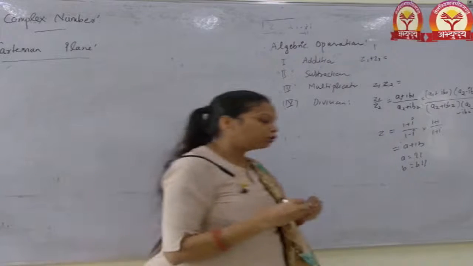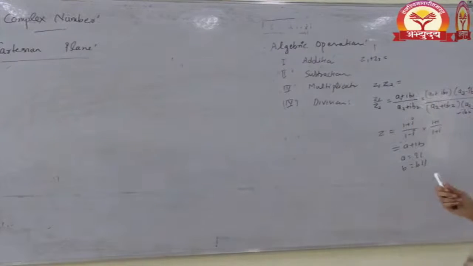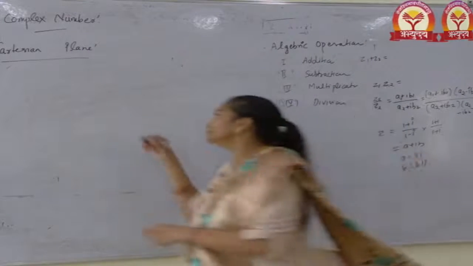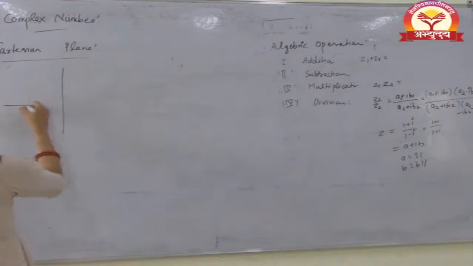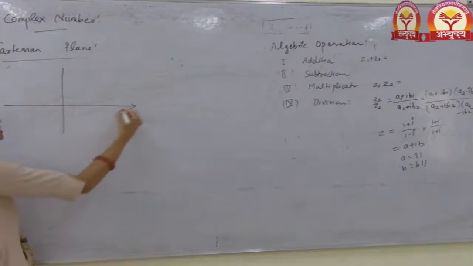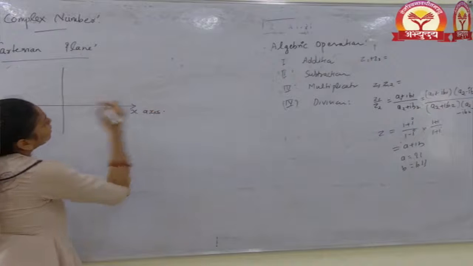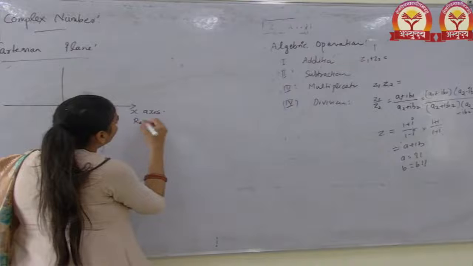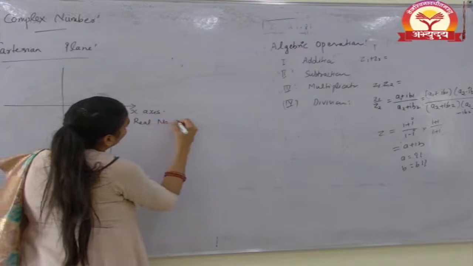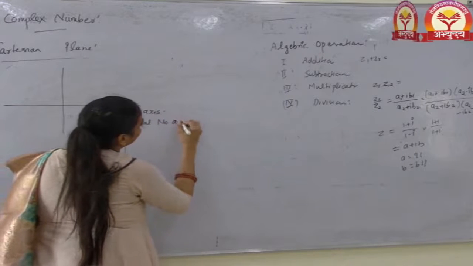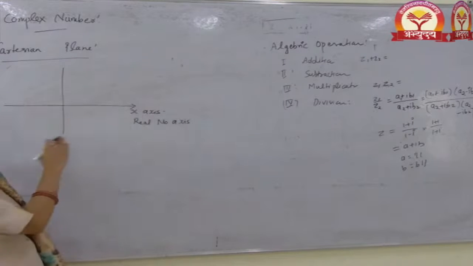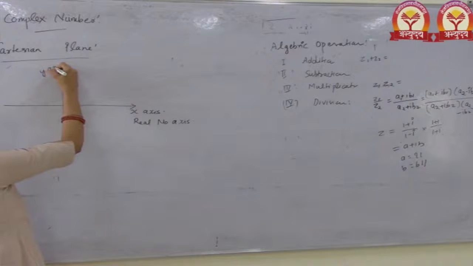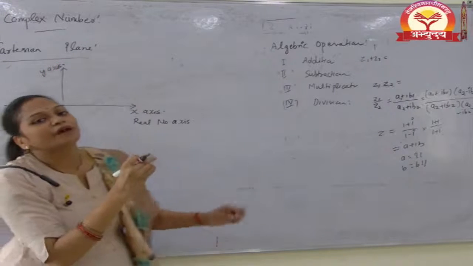plane. To represent a complex number we are going to use the Cartesian plane. क्या होता है, we use axes here. A horizontal line will represent the x-axis, to represent this complex number we choose this like a real number axis. That means to represent the real number we use this x-axis and this vertical line is the y-axis, which is already defined in the real number system.